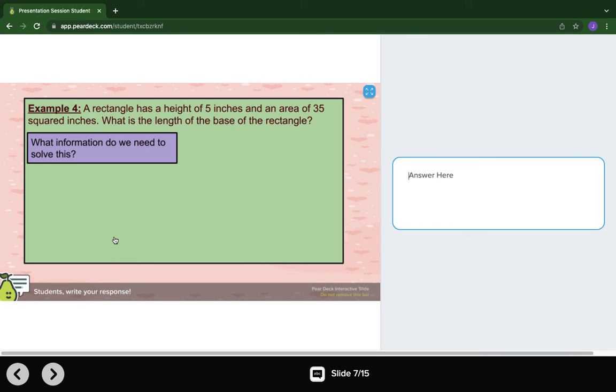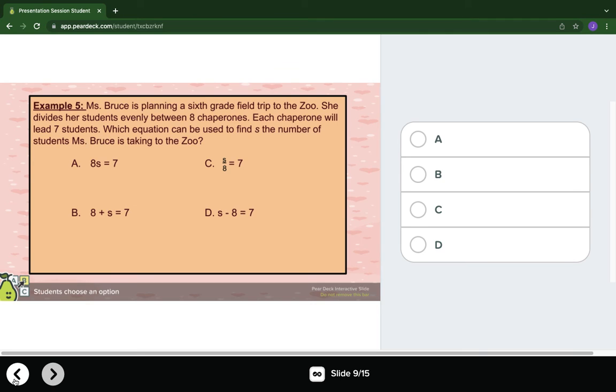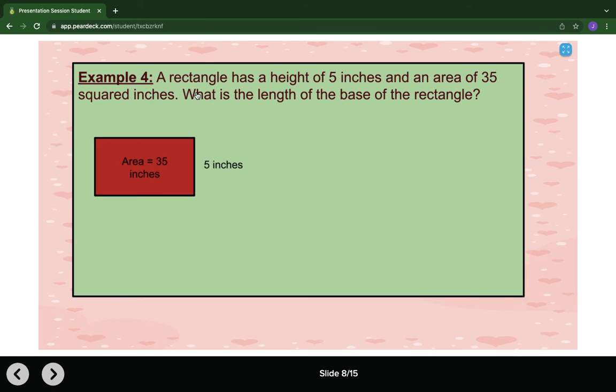Now for my example 4, it says a rectangle has a height of 5 inches. The area is 35 square inches. What is the length of the base of the rectangle?